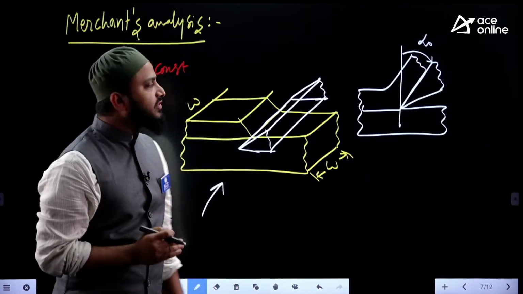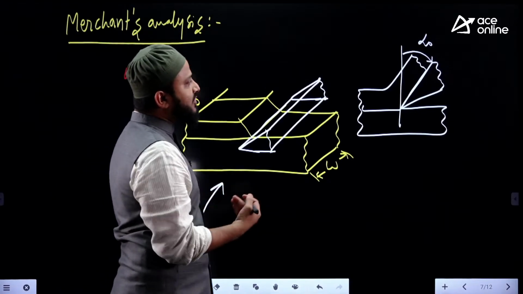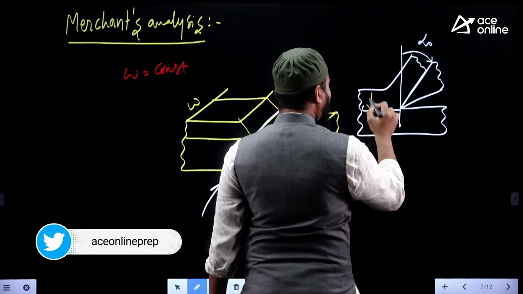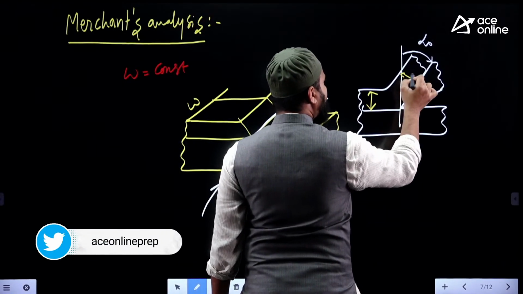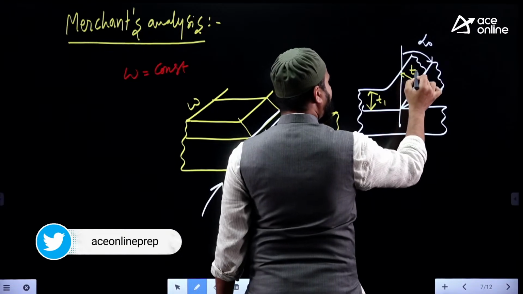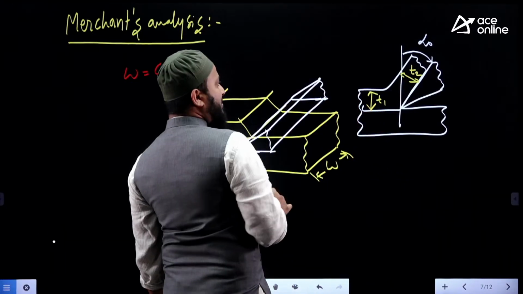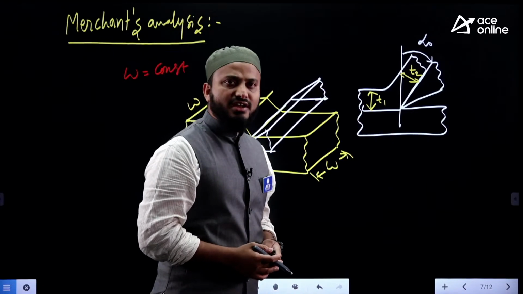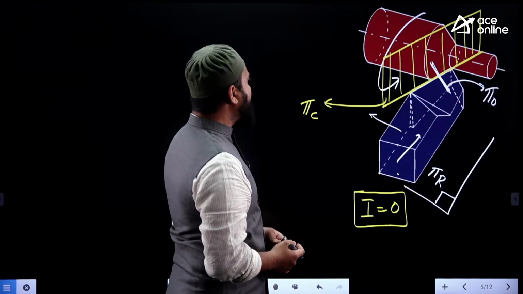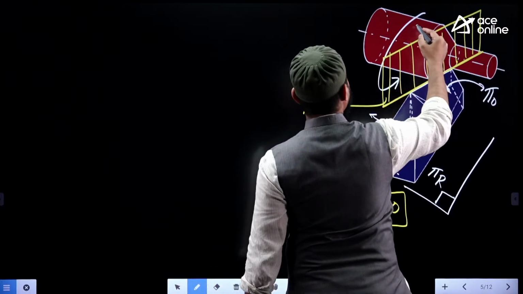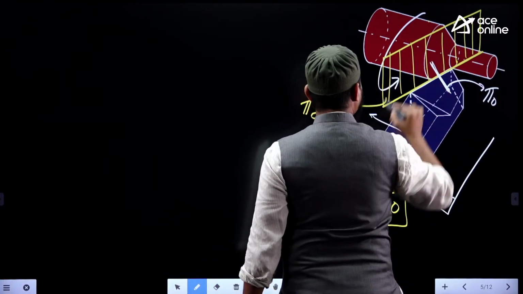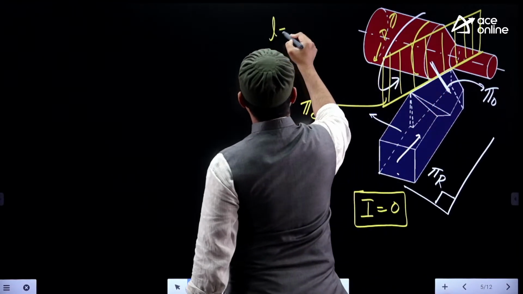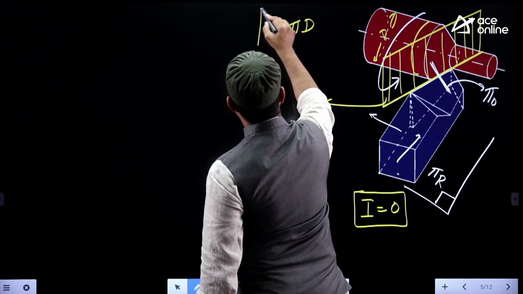So after considering the width of the workpiece and the width of the chip constant, the only change we observe is in the thickness direction, T1 and T2. And as the thickness changes, that implies a change in the uncut chip length and chip length also. Before starting the machining operation, the length of the uncut chip depends on the diameter of the workpiece, which is pi into d.